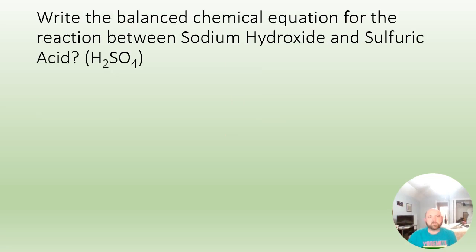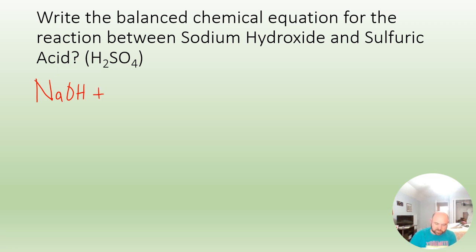Here we have our first neutralization reaction example. We are asked to find the balanced chemical equation for the reaction between sodium hydroxide and sulfuric acid. They give us the formula for sulfuric acid, H2SO4. We will have to find the formula for sodium hydroxide ourselves. Sodium is an Na+1 ion, and hydroxide is an OH-1 ion. So the formula for sodium hydroxide is NaOH.